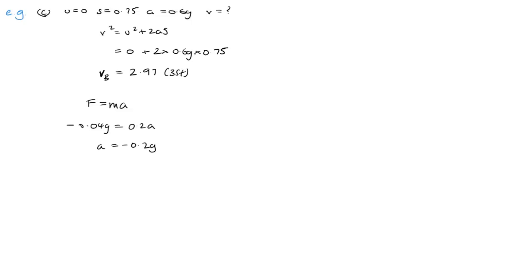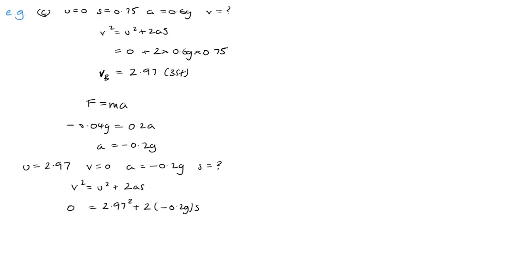Now we can model it. u is 2.97, using the full value, v is 0, a is minus 0.2 g, and s is what we want to find. So v squared equals u squared plus 2as: 0 equals 2.97 squared plus 2 times minus 0.2 g times s.